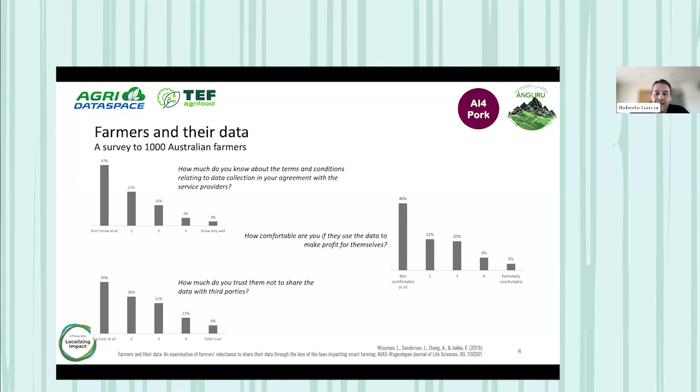And also, even if it seems they are not preoccupied because they are accepting the terms and conditions without hesitation, on the other hand, they are not comfortable at all with these institutions getting access to their data and making profit from it.